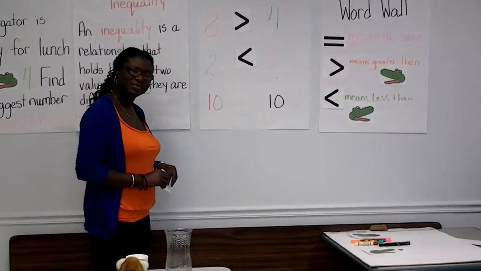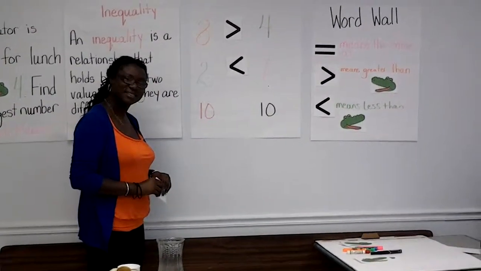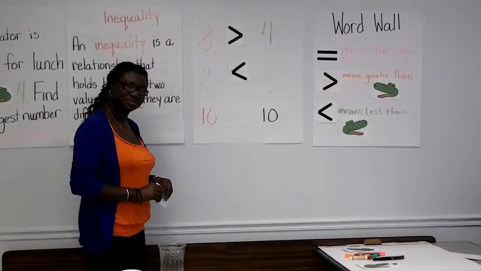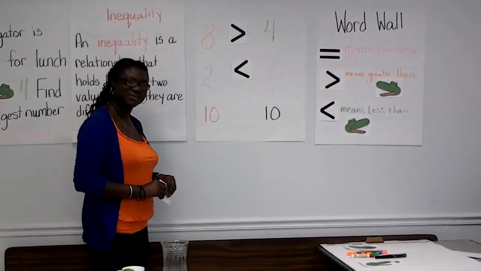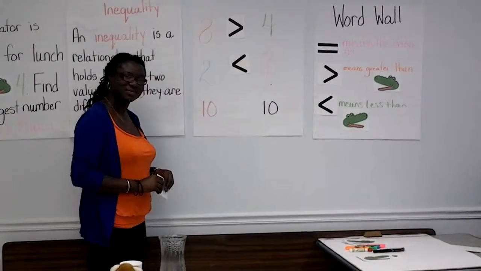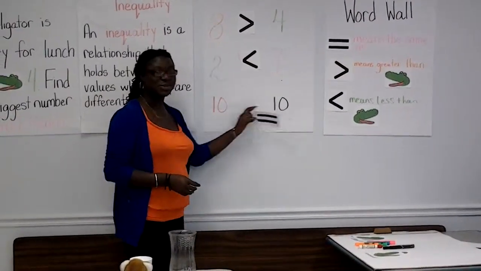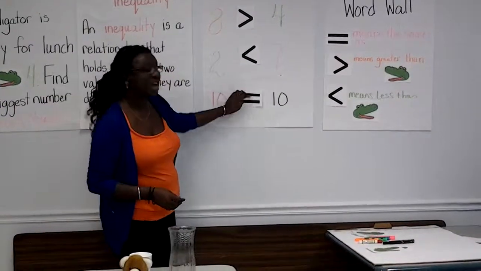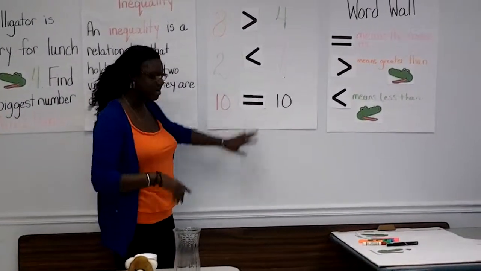When it's like 2 and 7, you put the less than sign facing the 7, and when it's greater than, you put the sign facing the 8. Very good. So for this one, we will use the equal sign because they are the same number. Very good.